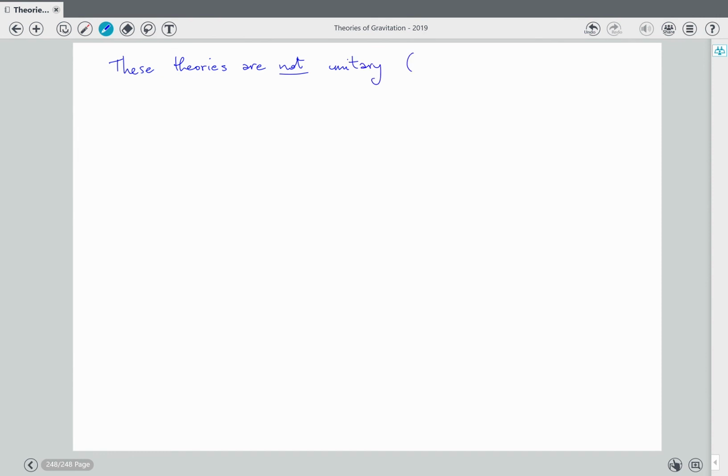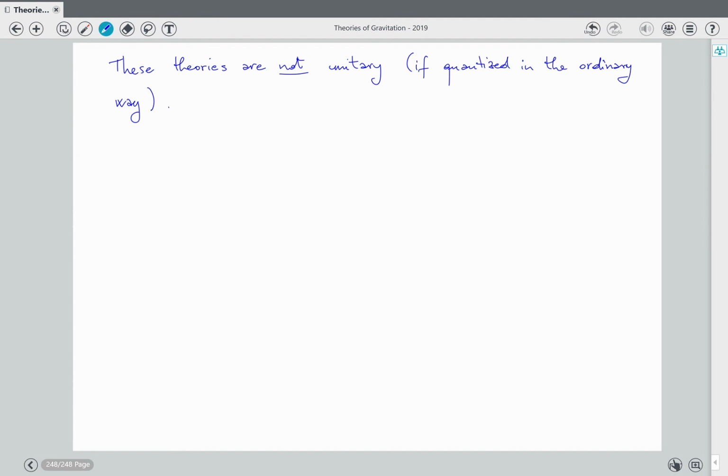And here I should add, if quantized in the ordinary way, because the solution is to quantize not in the ordinary way. Why are they not unitary?